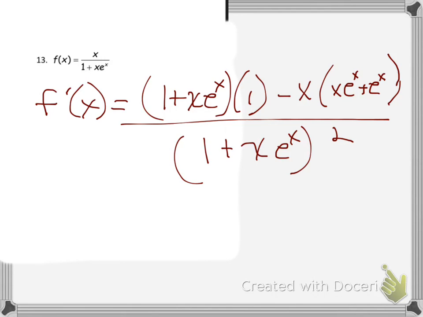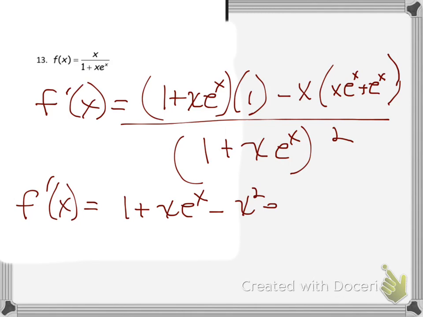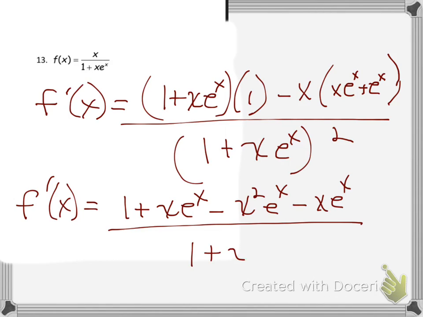And again, you can clean this up. Why don't we take one more step? Look at the numerator. I have 1 plus x e to the x minus x squared e to the x minus x e to the x all over 1 plus x e to the x squared.